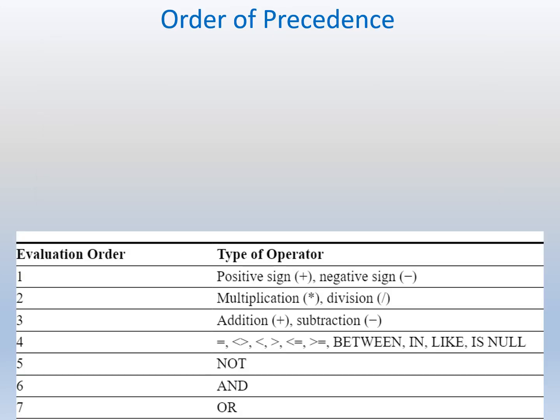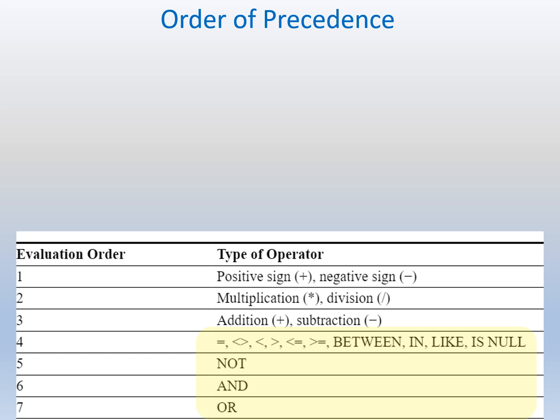When we include multiple search conditions in a where clause, we should remember the order of precedence. We covered this in the previous lecture. What I want to add to this list are the operators that I am covering today in this lecture.